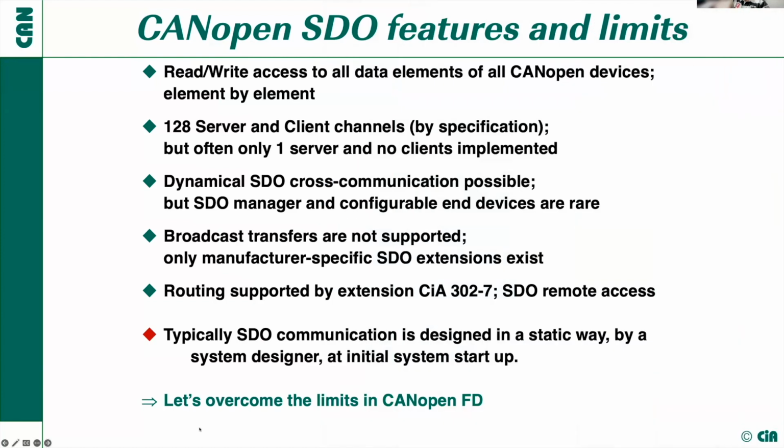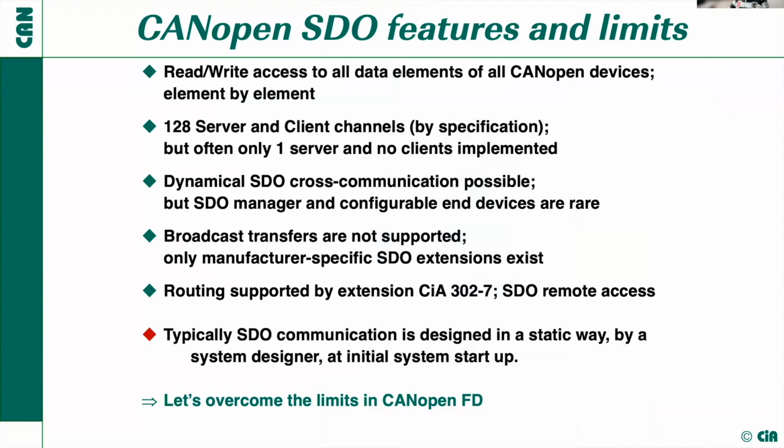When it comes to the SDO, it's a little bit more complex. The SDO has already a big function coverage. We have read-write access to all data elements. We may have 128 server and client channels. We can even have dynamic SDO cross communication if there is an SDO manager installed in the network, which is available, and my end devices are configurable.